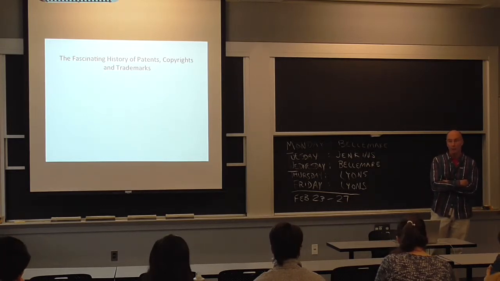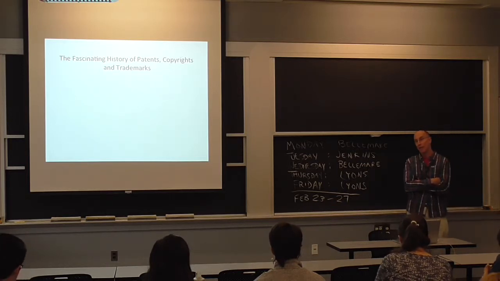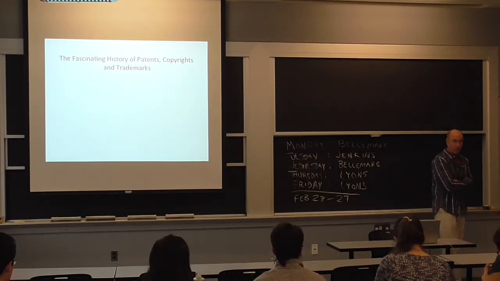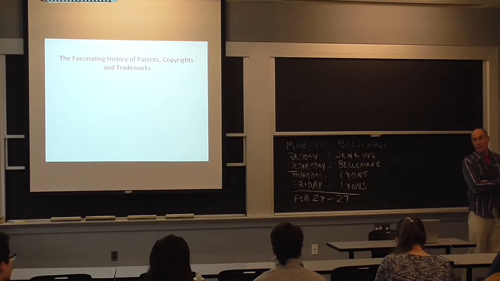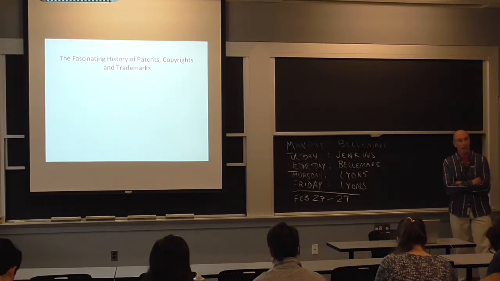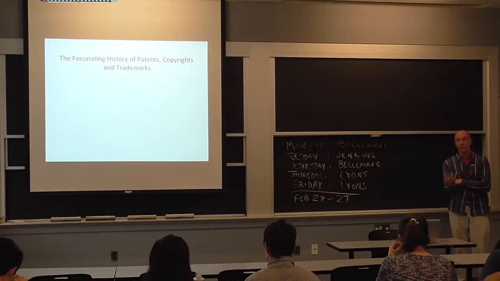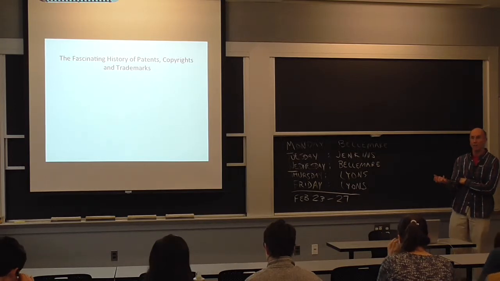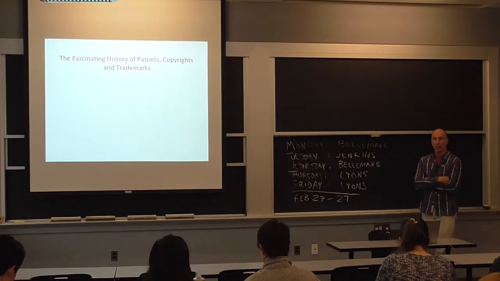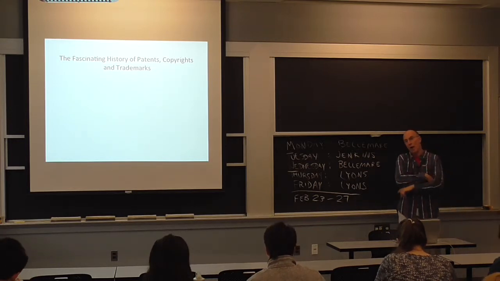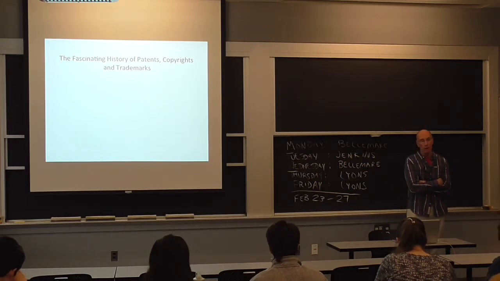We're going to prepare our own application for a patent. We're going to have a device to examine and describe. And so this historical background really is the bedrock, the basis, the foundation of everything that you're going to need to learn and apply later on when dealing with modern patent, copyright, and trademark law.